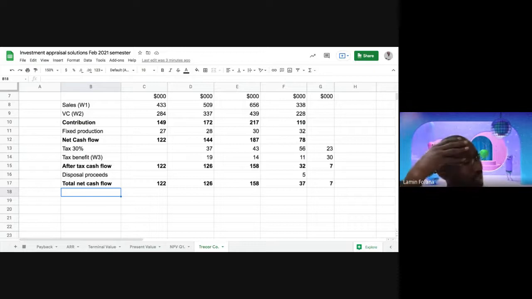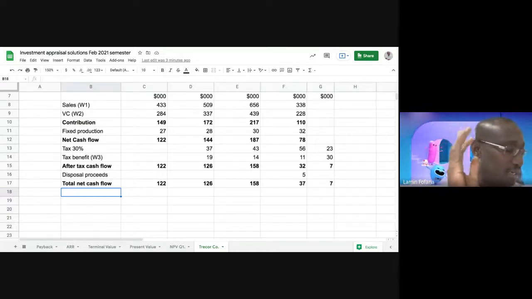If you see something like this, where they're talking about real cost of capital, inflation, and so forth, they are trying to tell you that you have to calculate the nominal rate. It is always the nominal rate that we use to discount our cash flows.